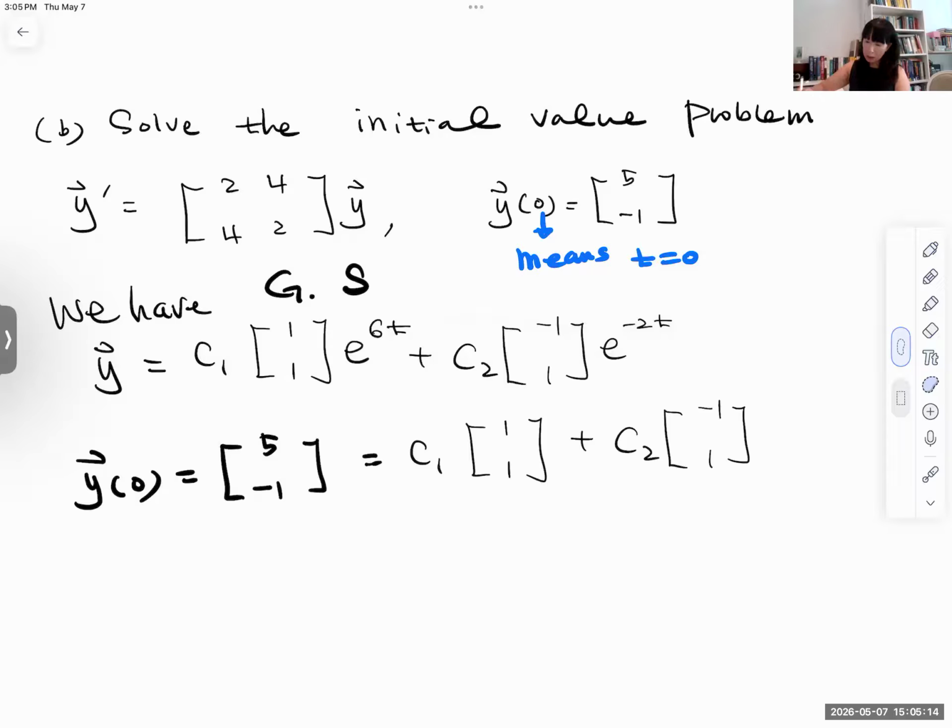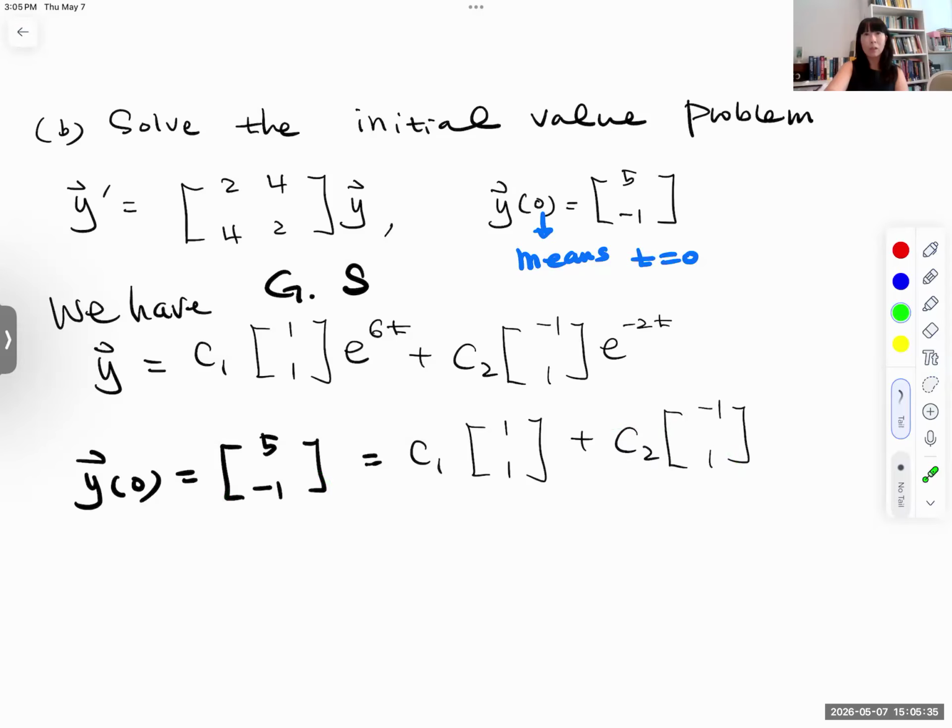So that means c sub 1 minus c sub 2 equals 5, and c sub 1 plus c sub 2 equals -1.